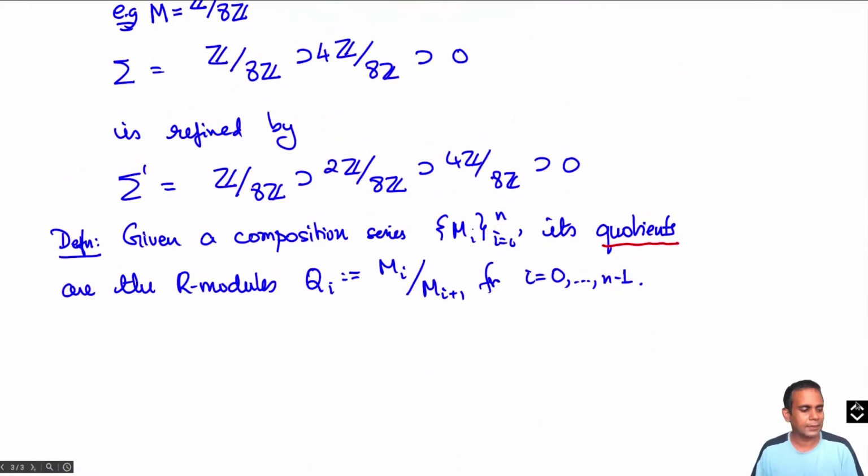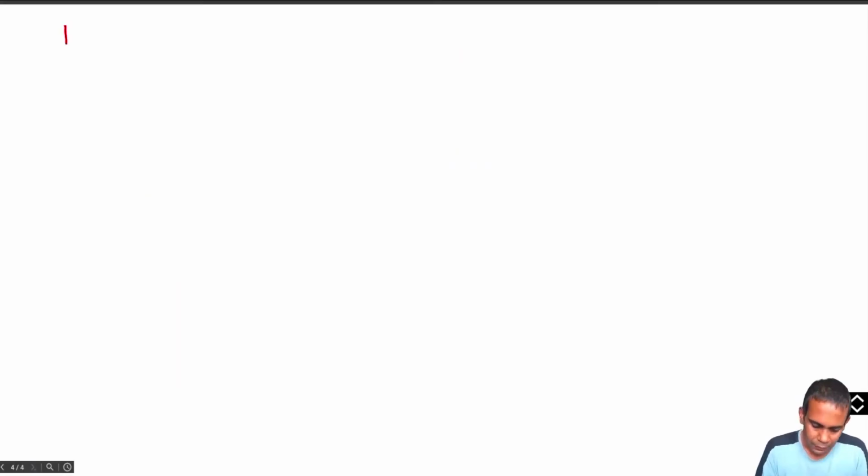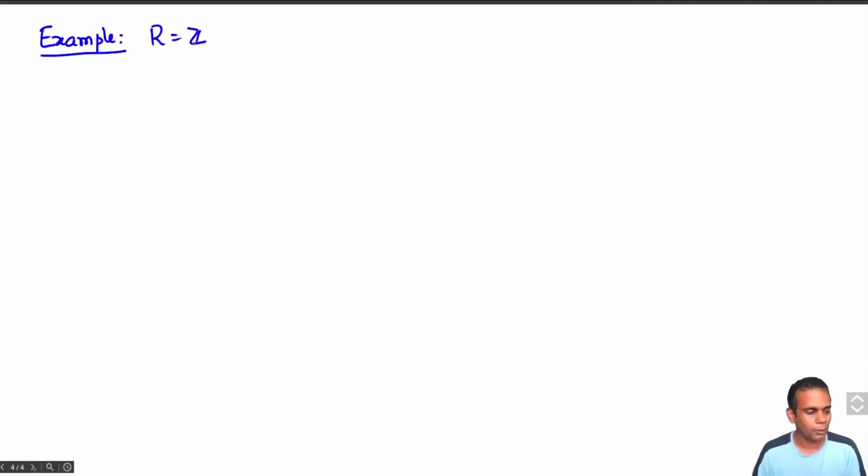Okay, so let's just study all these concepts using an example. Take R to be Z, so we're just talking about abelian groups, and let's look at M equals Z mod 12Z.